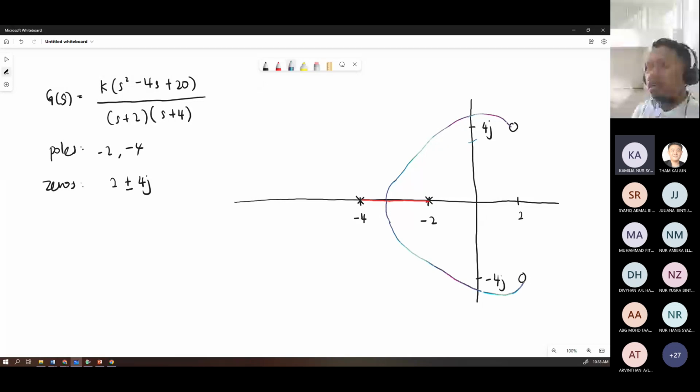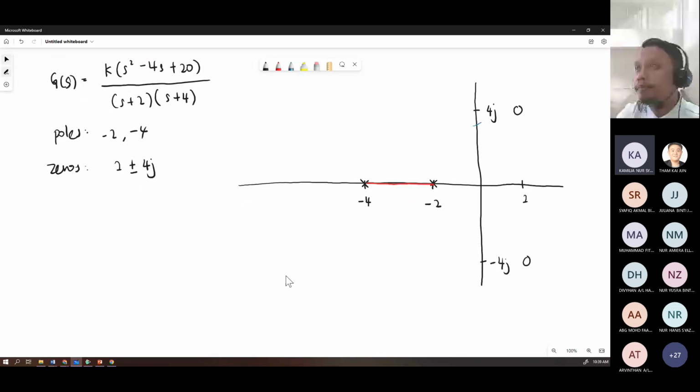The root locus will look similar to the previous example. It will look like a circle. What I drew here is not a circle, because I'm not good at drawing. So we leave the sketching to the end, but we know the shape already.